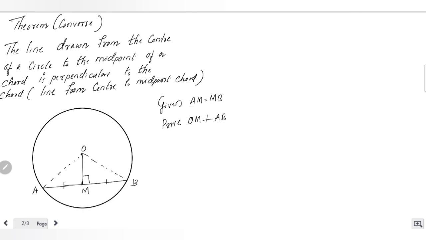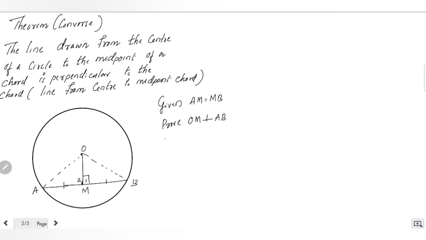Clear? So you have to prove that M1 and M2 are 90 degrees. Clear? All right. So here 90 degrees is not given. You have to prove that it is perpendicular. So here what is given? M is the midpoint, isn't it? Okay. So how do you prove this?